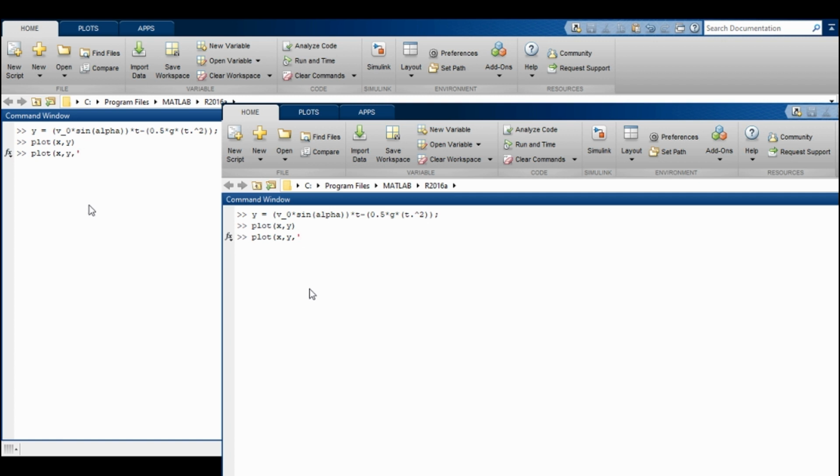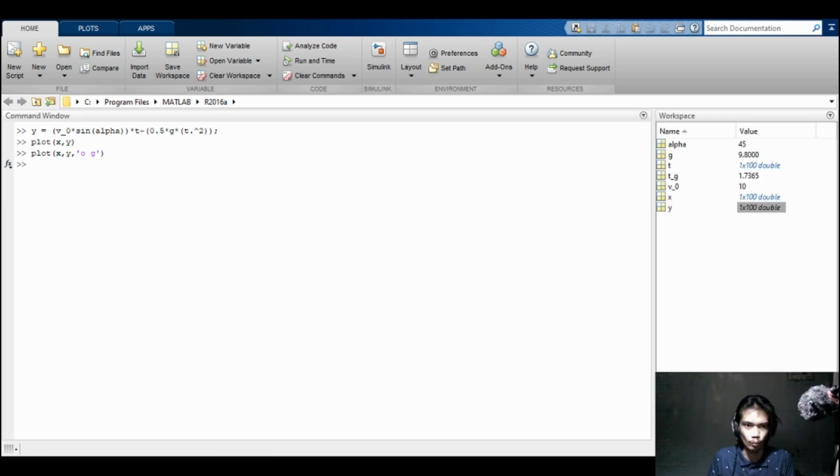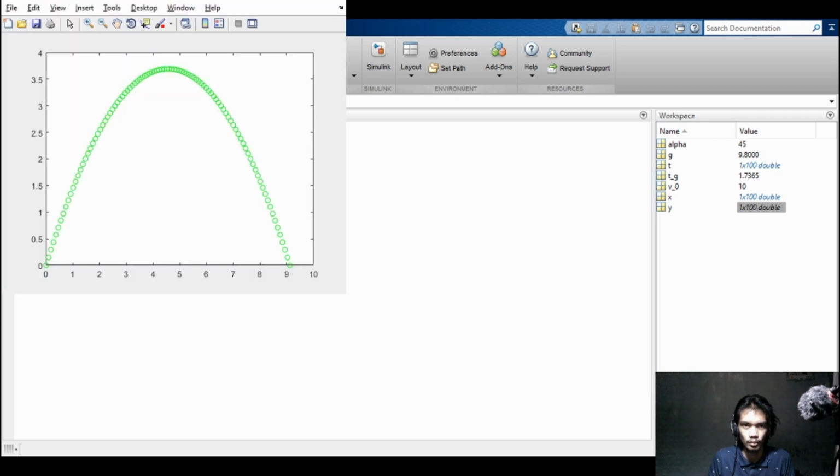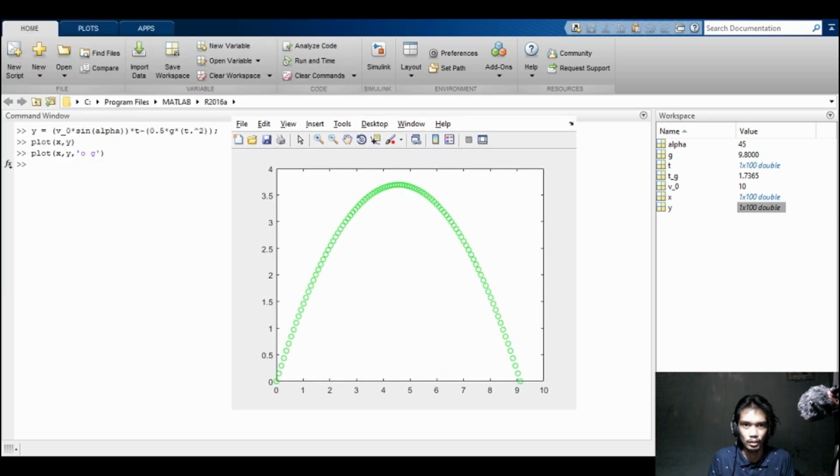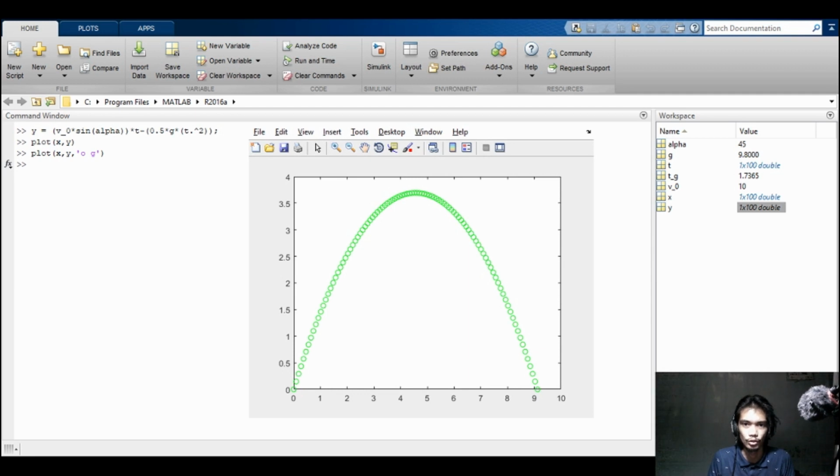A single quote, I want it to be circle, so type O, and then maybe I could put some green on it. Okay, pwede yan. Let's put some green on it, and then close parentheses, and then it displays. Okay, and as you can see, it displays a much better figure.